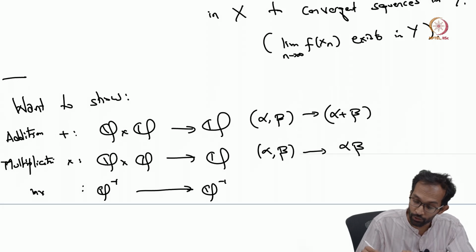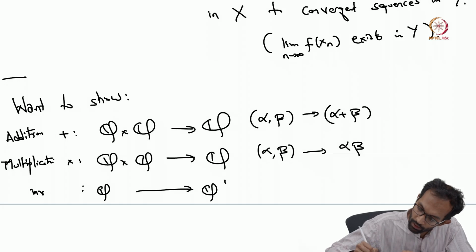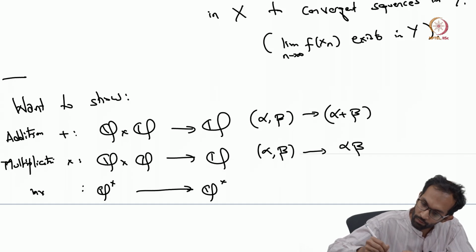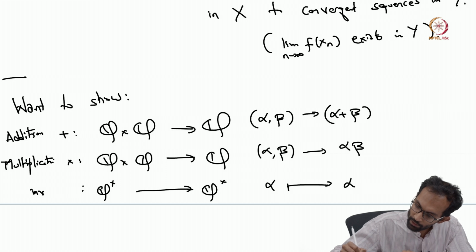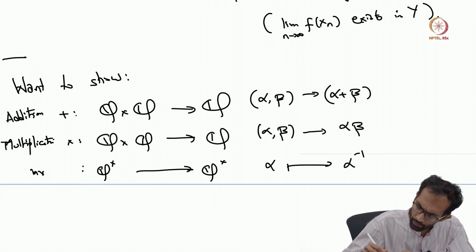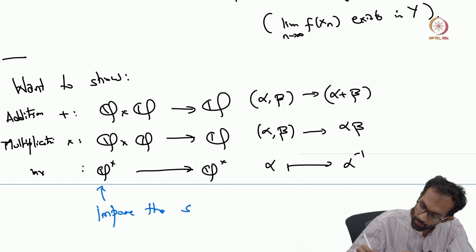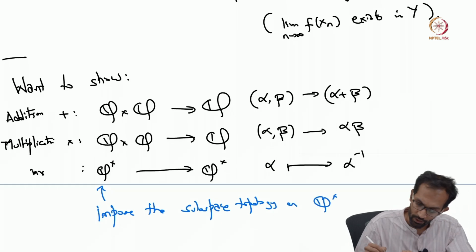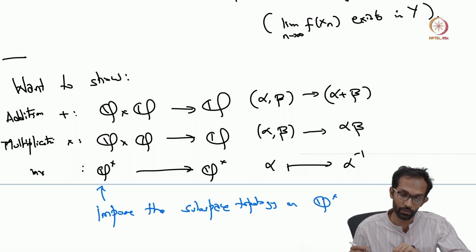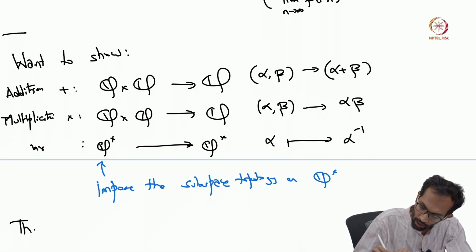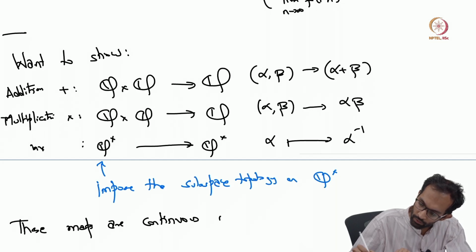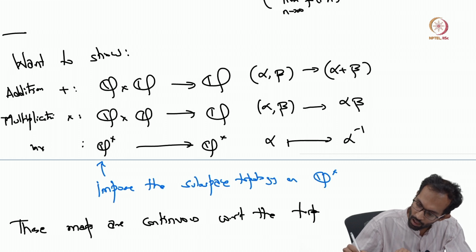And you have Q cross, where you send alpha to alpha inverse. So again, you impose the subspace topology on Q cross. And so we have these three maps, and what we want to do is we want to show that these maps are continuous with respect to the topologies induced by this p-adic absolute value.